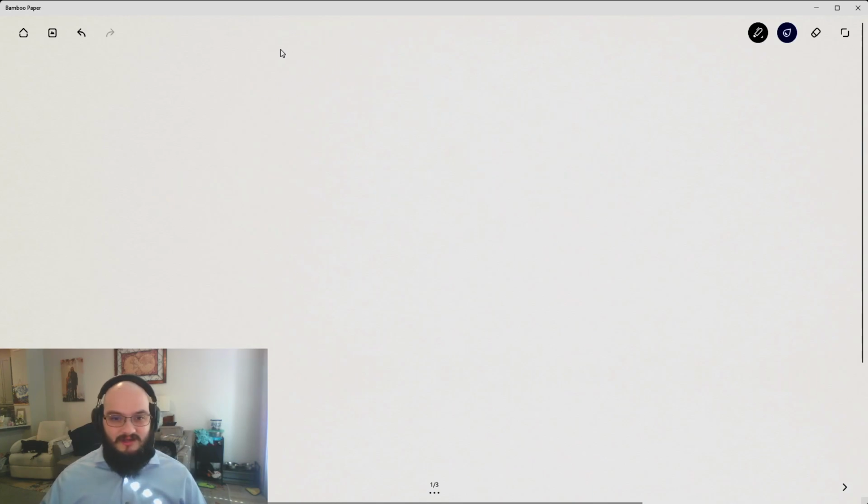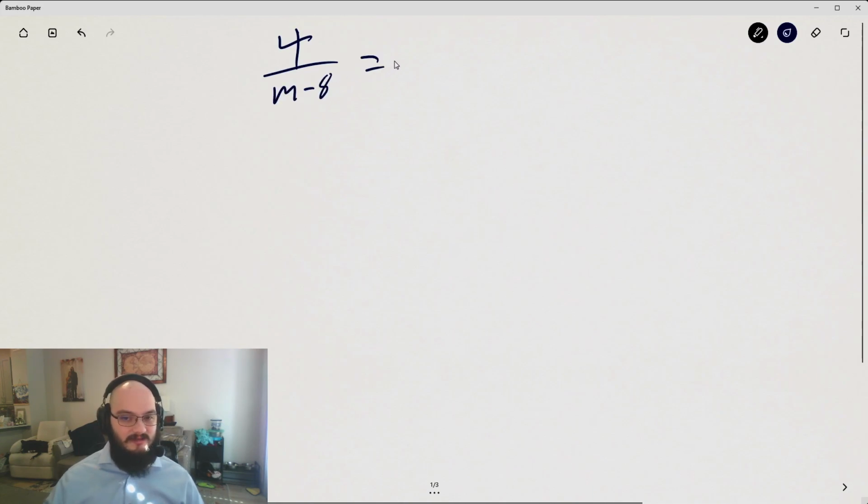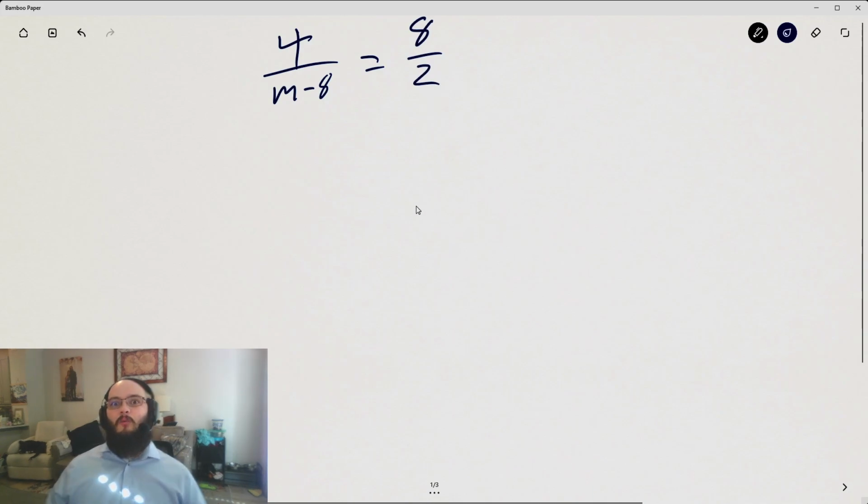For our third example, let's do something a little more complicated. 4 over m minus 8 is the same thing as 8 over 2. We're going to solve this one using both methods, because we can use the equivalent fractions method. Very clearly, we can multiply 2 times 4 to make 8.